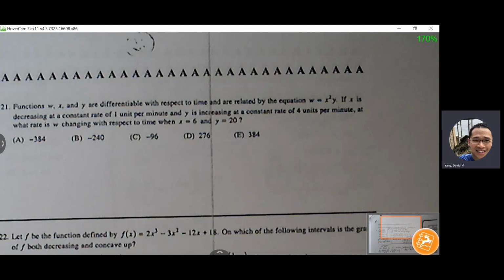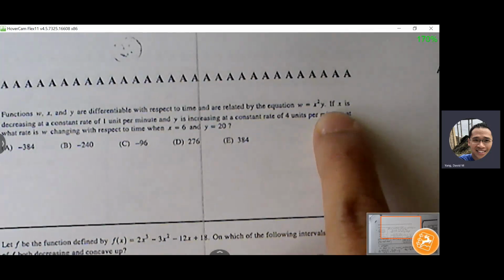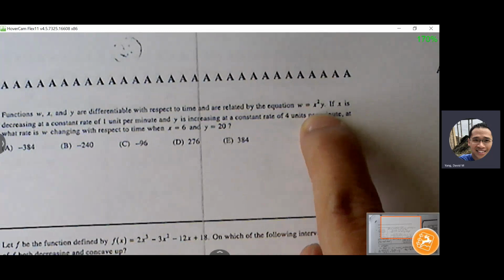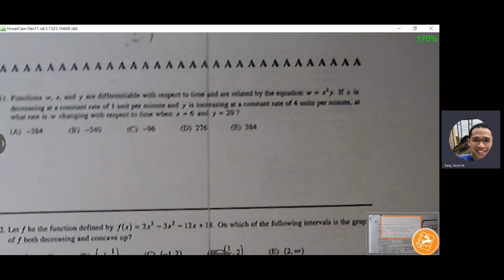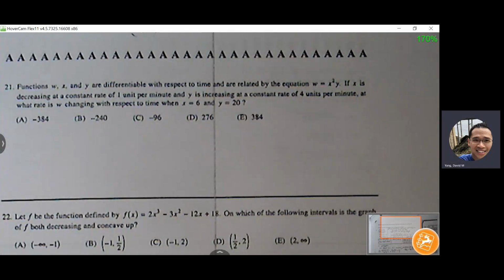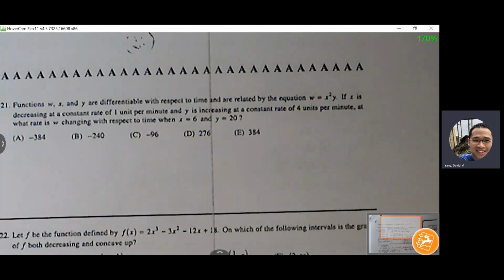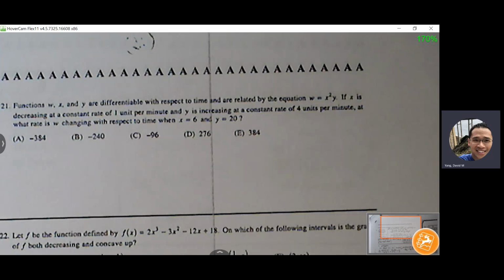So you want the dw/dt to show up, dx/dt to show up, and dy/dt to show up. But if you look at the right side of the equation, we have to go through product rule because x squared and y are multiplied together. So we go through product rule, f prime g plus f g prime. That's the hard part. Once you get your derivative built out, then you're just replacing your variables with the numeric values that they provide in the problem.